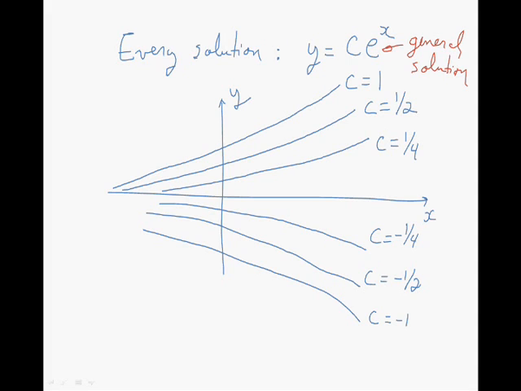Therefore, a function like y is equal to -1 times e^x, or y is equal to 1/2 times e^x, are called particular solutions.